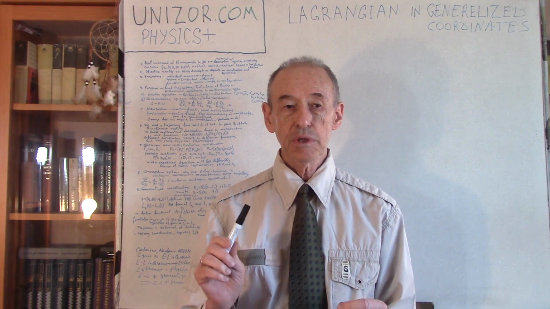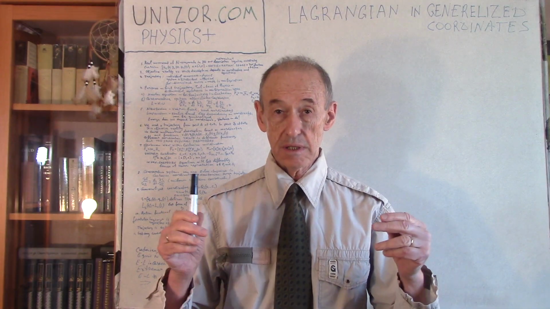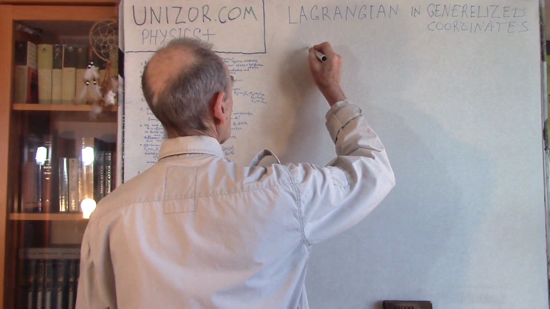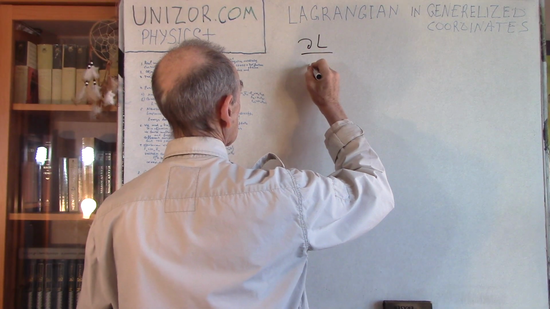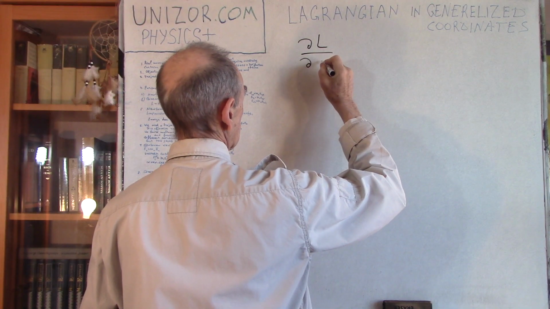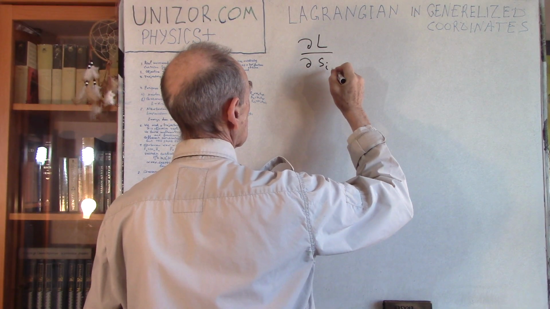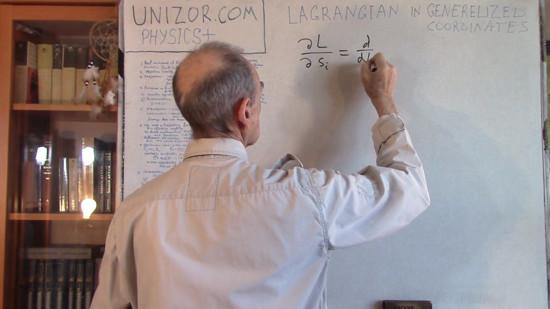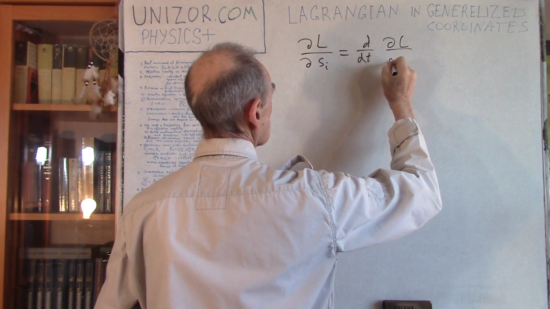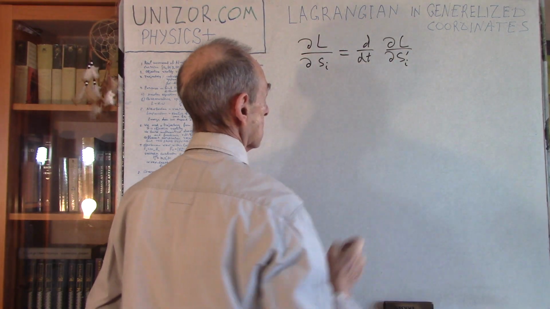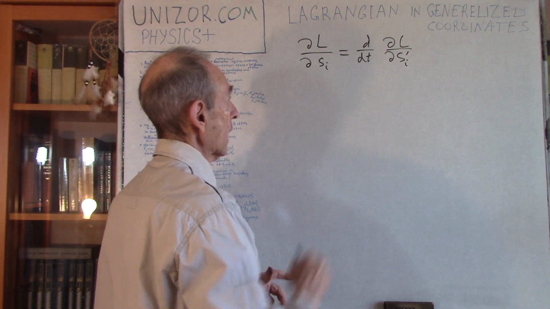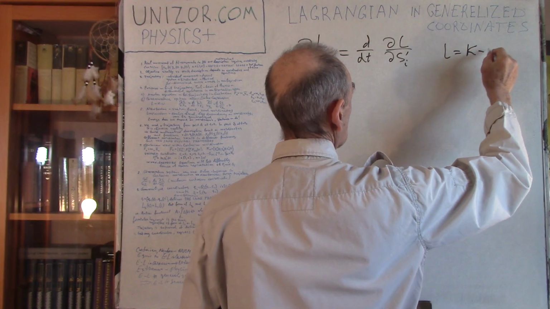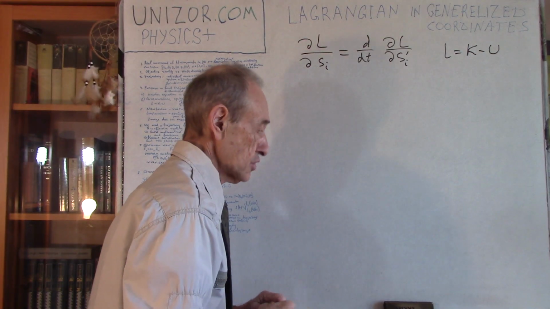The beauty of the Euler-Lagrange equation is that this is exactly the same equation. I'll write it down. dL by d s i equals d by dt, dL by d s i dot, the time derivative, where L is the Lagrangian, which is kinetic minus potential energy.